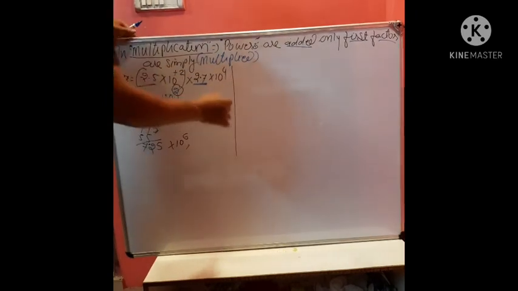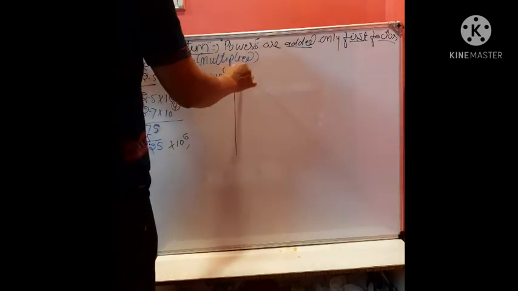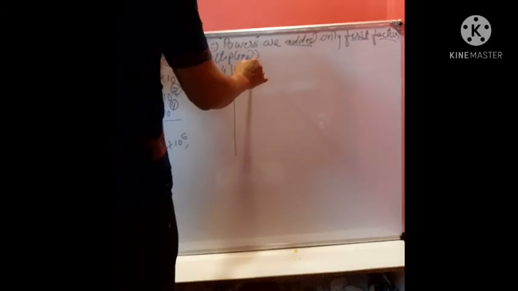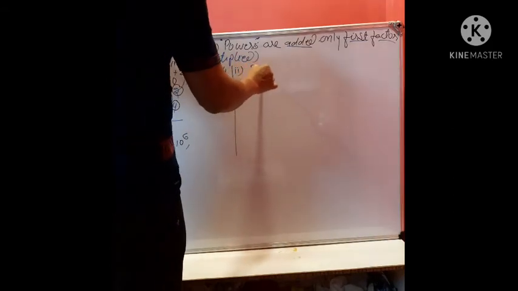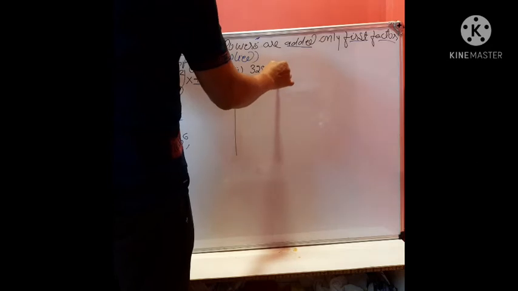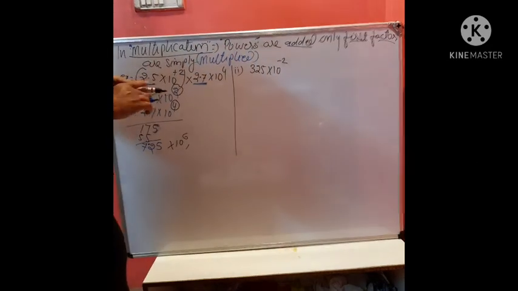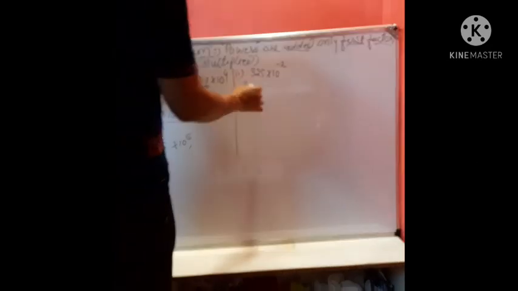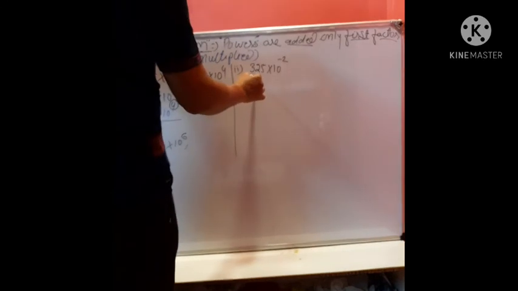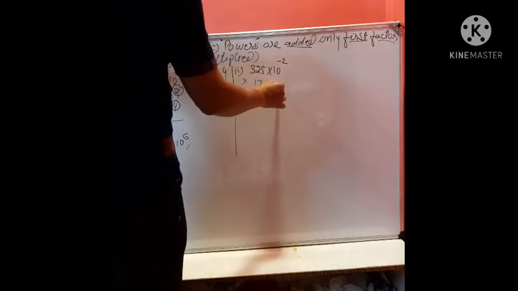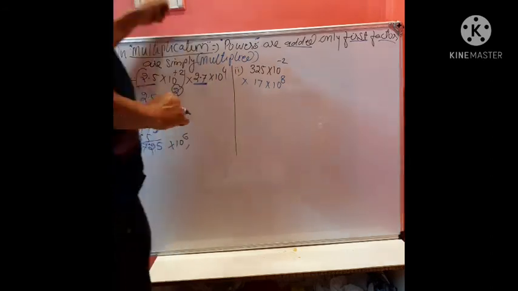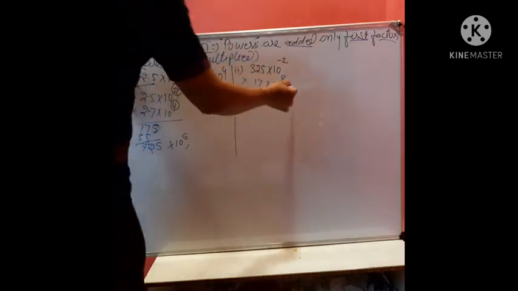Okay, we can take some more examples, like example number 2: 3.5 into 10 to power minus 2, multiplied by, tell me any number, say 17 into 10 to power 8. Okay, now how to solve the question?